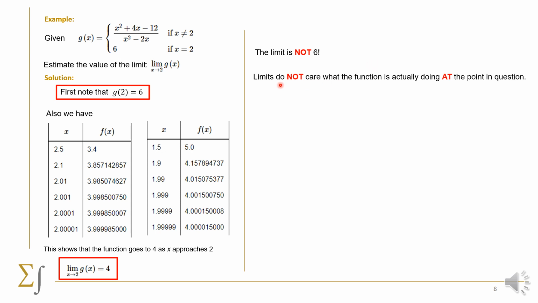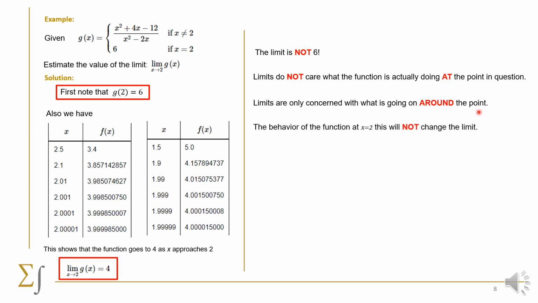The limits do not care what the function actually is equal to at the point in consideration. The limits are only dealing with what's happening around the value x in consideration, which is 2 in our case. The behavior of the function at 2 is not important, and it will not change the limit, because here at 2 the function is 6, but the limit is 4.